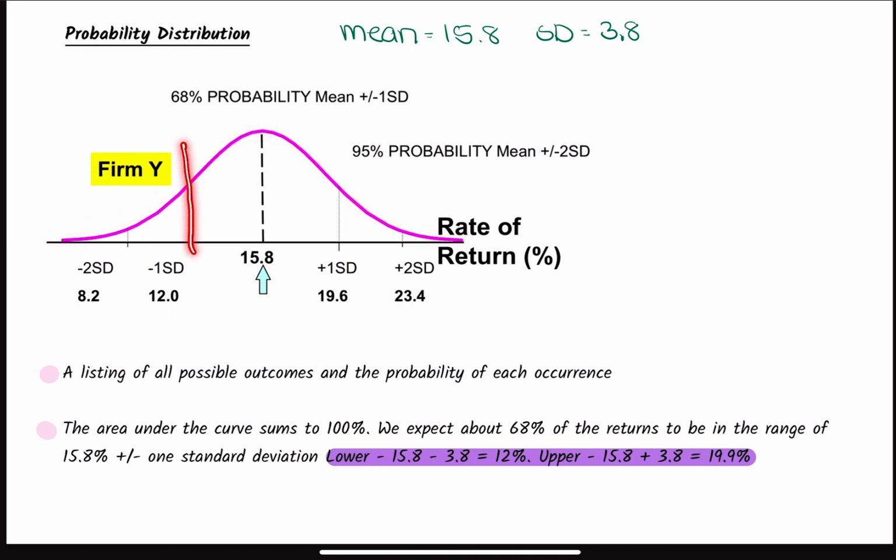If we go out one standard deviation, this is 68% of our data. Just take a look at this and see the standard deviation is 3.8. Just keep that in mind.